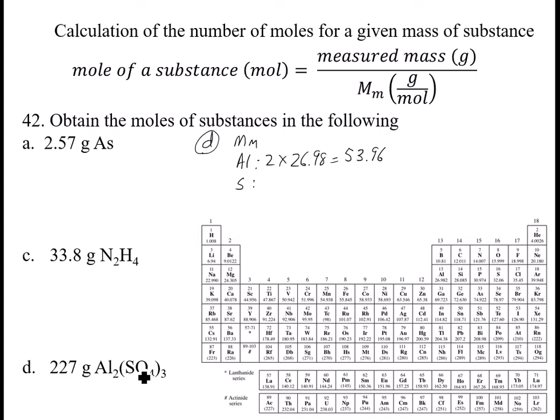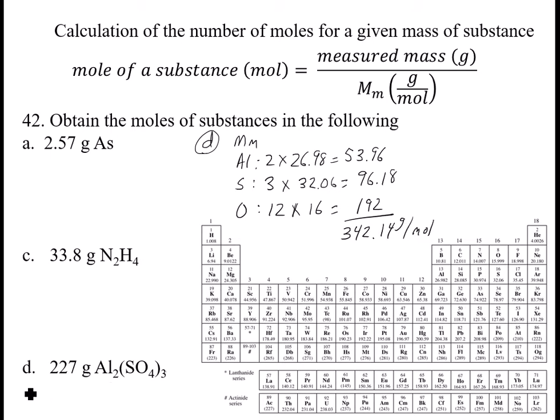Because of the parentheses, I have to do the one that's understood to be here times the 3. So I have 3 times the 32.06 gives me 96.18. Oxygen, there's 4 of them, so 4 times the 3 gives me 12. So I have 12 oxygens times the 16 gives me 192. So that adds up to be 342.14, and that's in grams per mole.